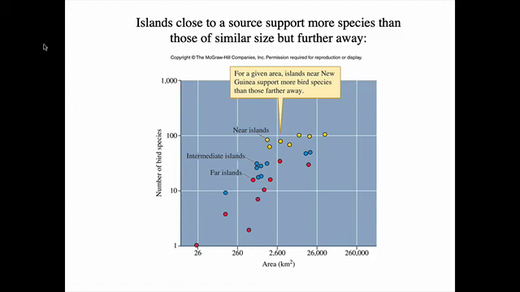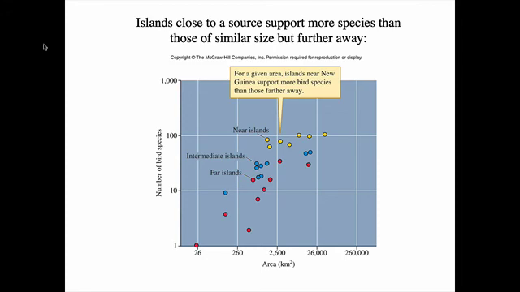But look, here's an island that's far away from New Guinea, and it has this area, and here's an island that's much nearer to New Guinea, and it has the same area. And this has lots more species. This has like 80 species. This would be about 30, because it's a log scale.